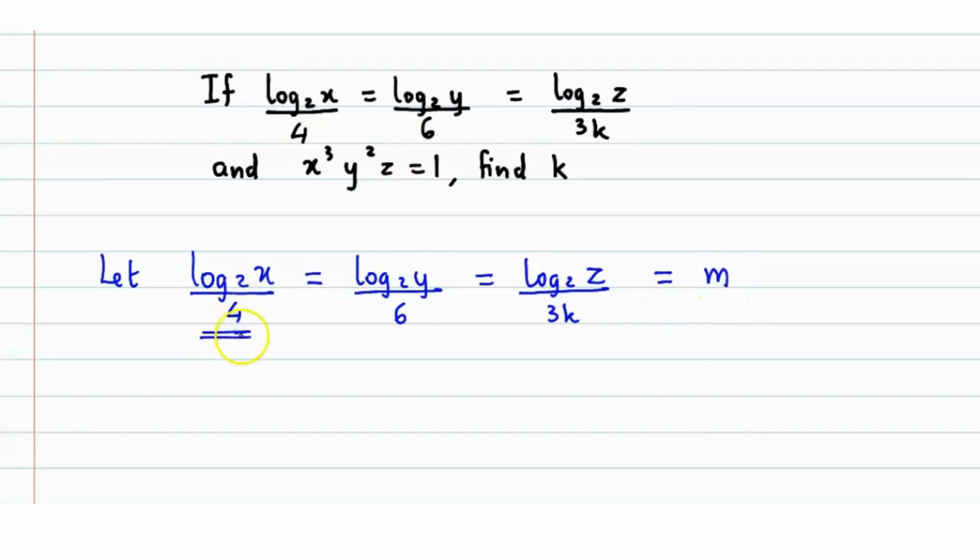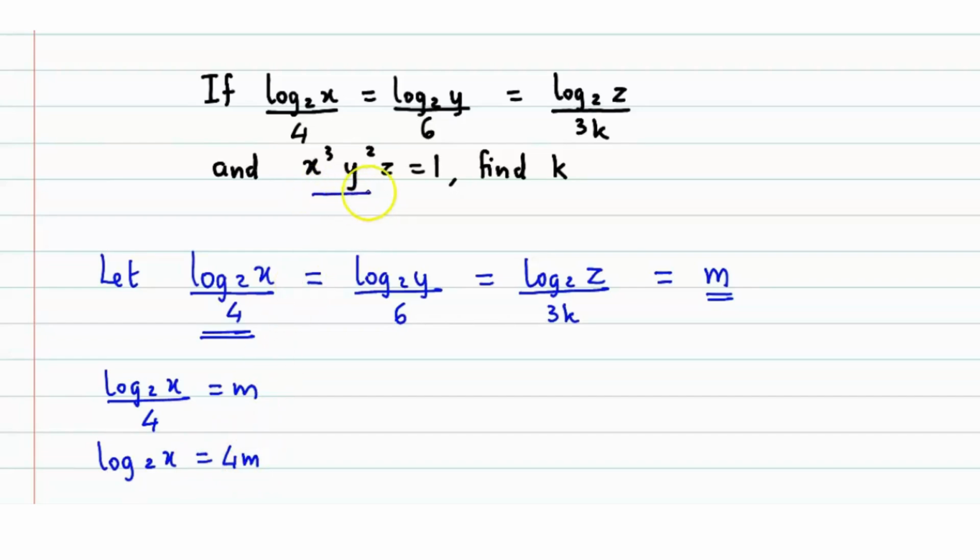So if we take the first part equal to m, then हमें मिलेगा log x to the base 2 upon 4 is equal to m. So log of x to the base 2 is equal to 4m.